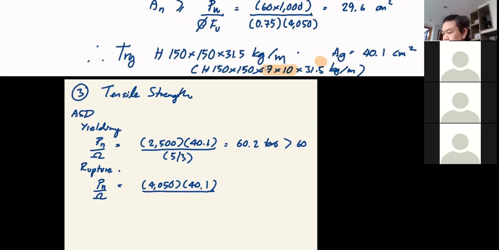Remember very carefully to use the correct factor of safety for each failure mode. Here it is 2. So that becomes 80.2 tons, way more than 60. Now the yielding is greater than the load, the rupture is greater than the load. We should have the big OK, right?